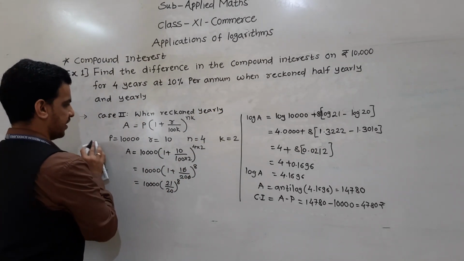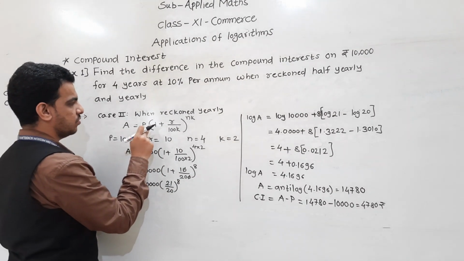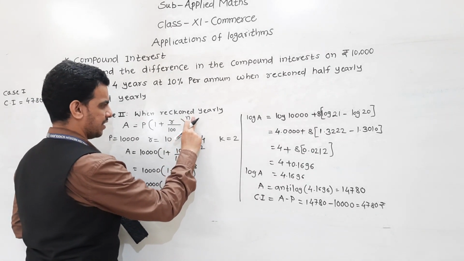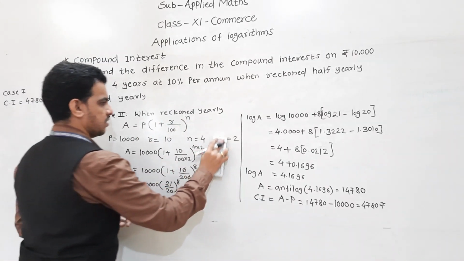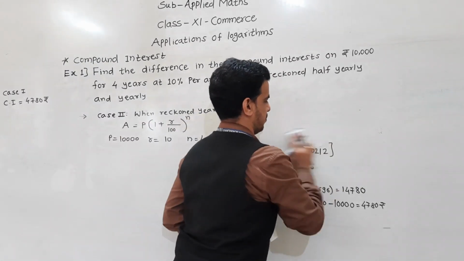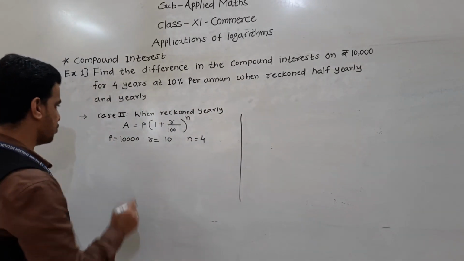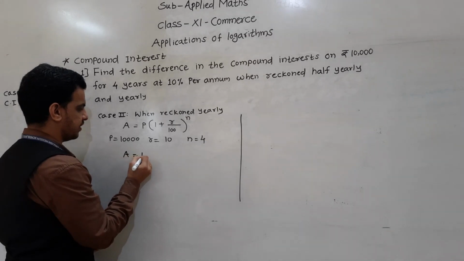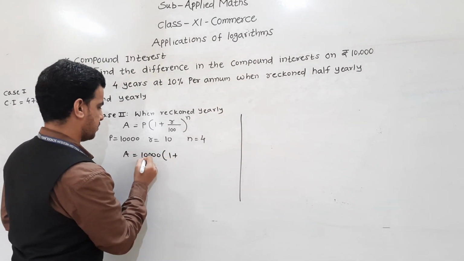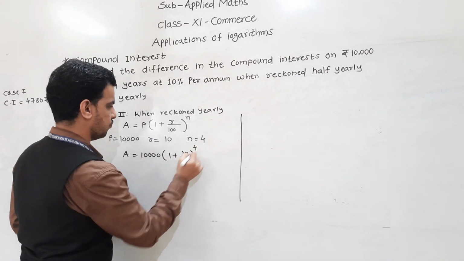When it is reckoned yearly, the formula will change. A is equal to P into 1 plus R by 100 raised to N only. If we put these values, A is equal to 10,000 into 1 plus R is 10 upon 100, raised to 4.